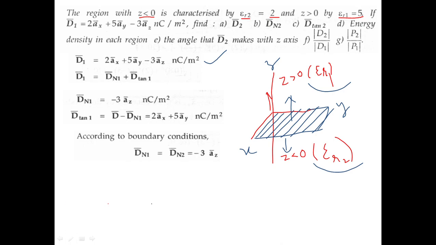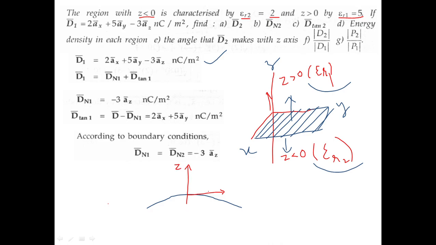if I take the same example like this, now this is the boundary. Now if I take this as normal and this as tangential, right? Always this normal part will be along the z-axis.